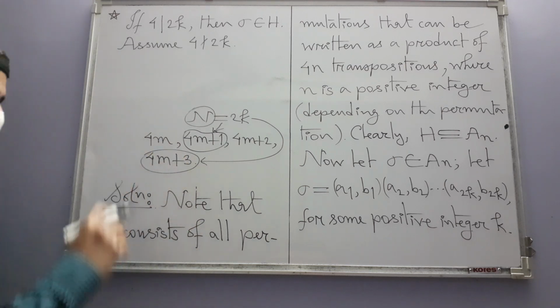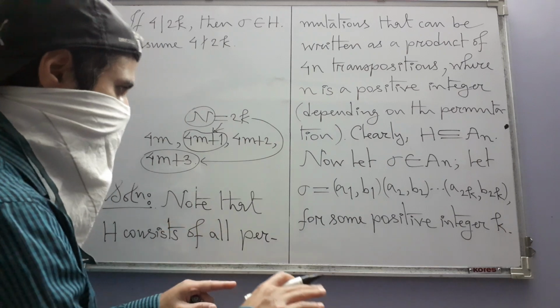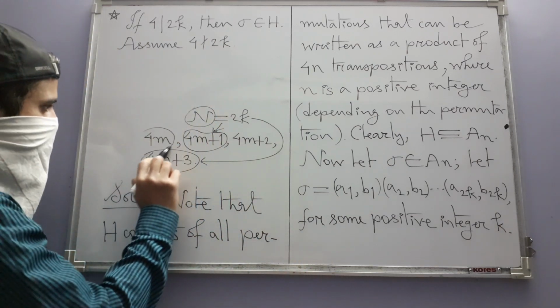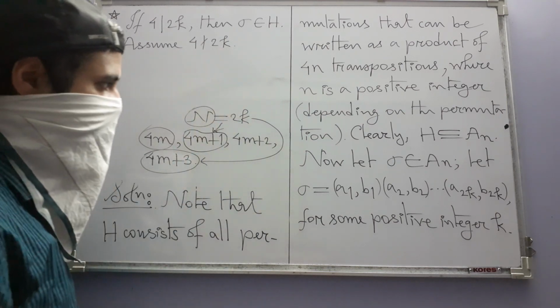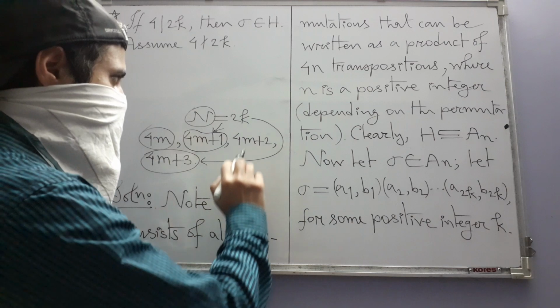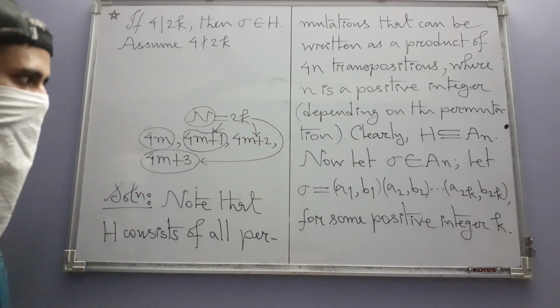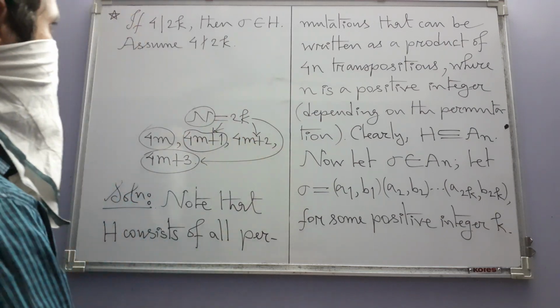Again, because 4m plus 3 is odd, but 2k is even. But now our 2k cannot be of this form also, because we are assuming that 4 does not divide 2k. So that leaves us with only this, that is 2k must be of this form.